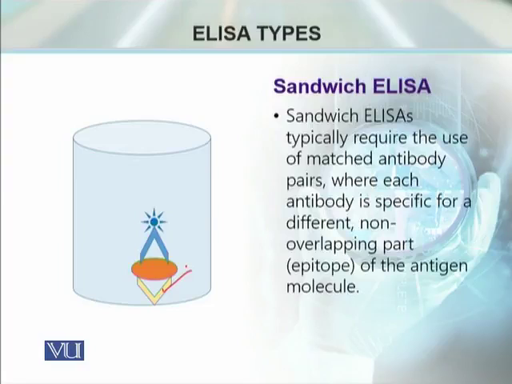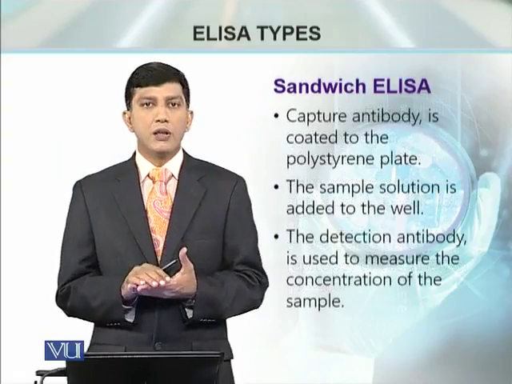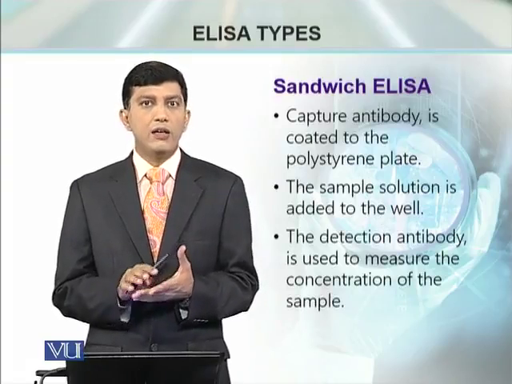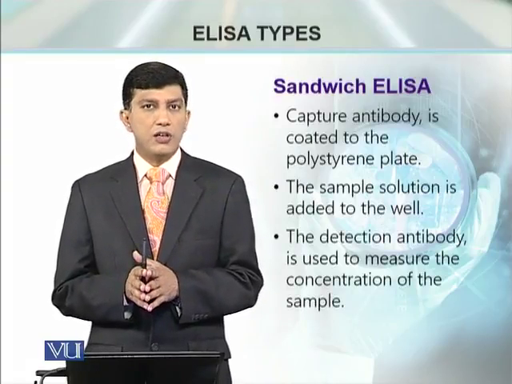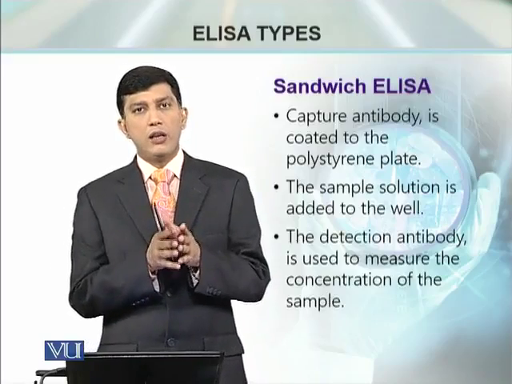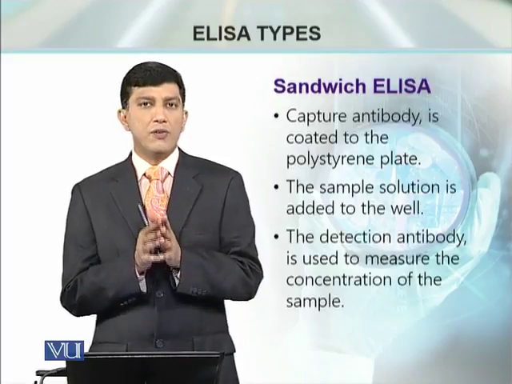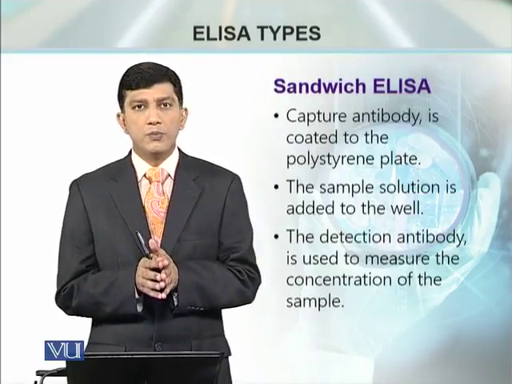This capture antibody binds with the antigen, and then we have the detection antibody that will detect the antigen in the sample. Once we add the sample in the well that is coated with the capture antibody, that capture antibody will hold the specific antigen because of its specific segment in the antigen.